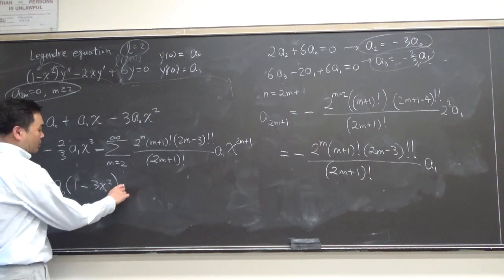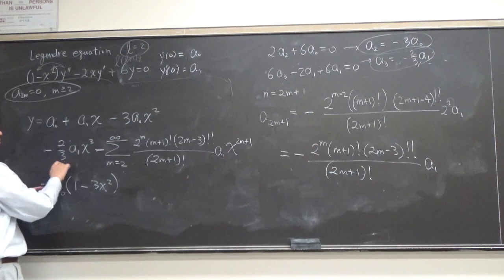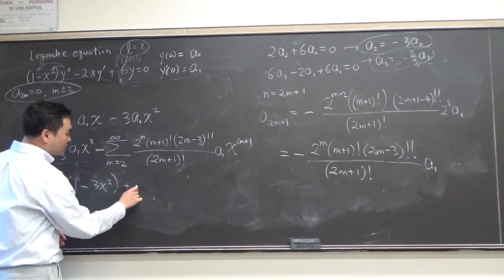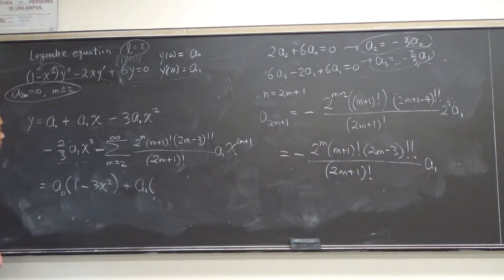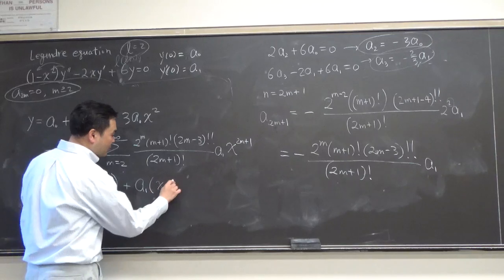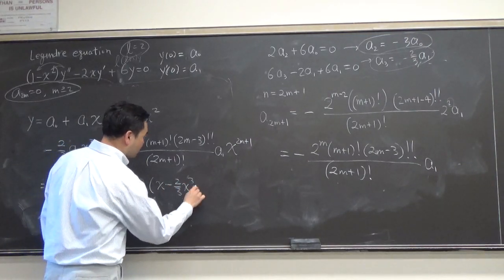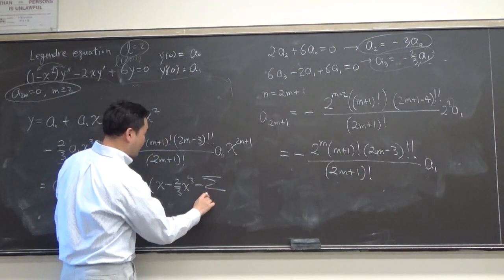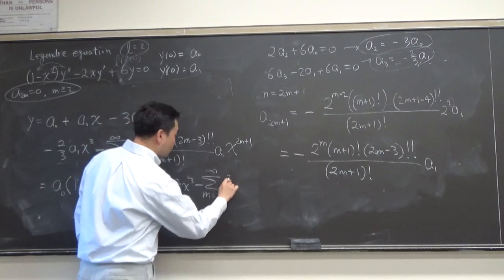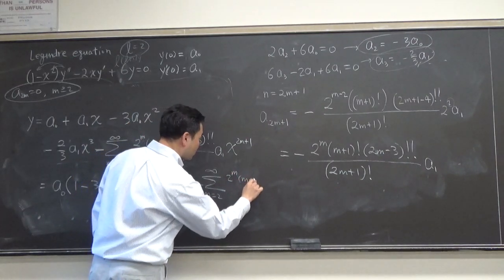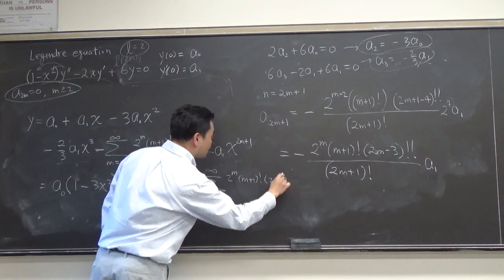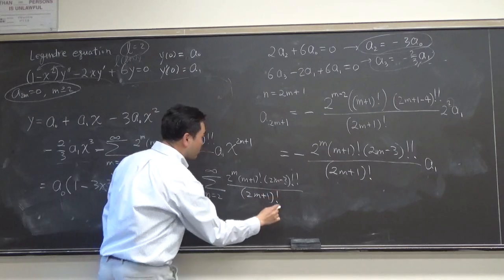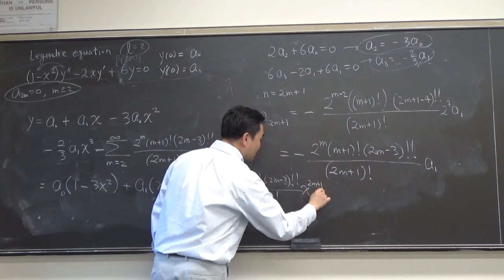And then the remaining terms have A1 as a factor, right? So I can factor out the A1. And if you factor the A1 out, it's x minus 2/3 x cubed plus, minus, summation of m equals 2 to infinity of 2 to the m plus 1 factorial, 2m minus 3 double factorial, over 2m plus 1 factorial, x to the 2m plus 1.